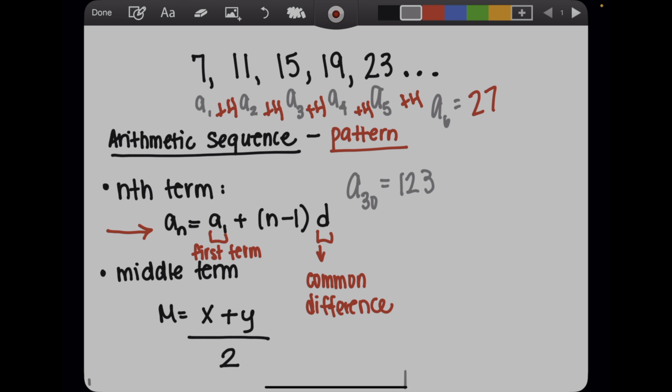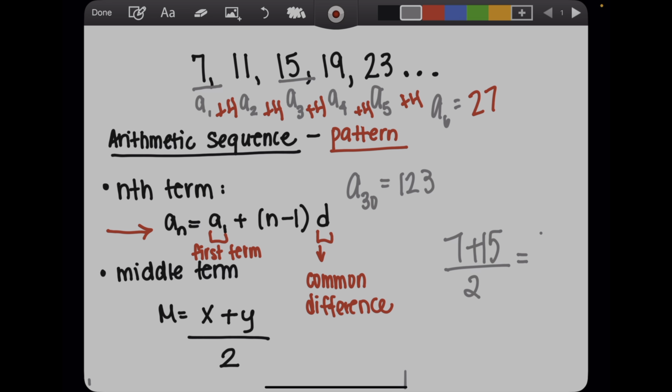Now, in this second equation, we'll learn how to find the middle term between two numbers in a sequence. For example, if we didn't know which number was between 7 and 15, we could add them together and divide by 2.